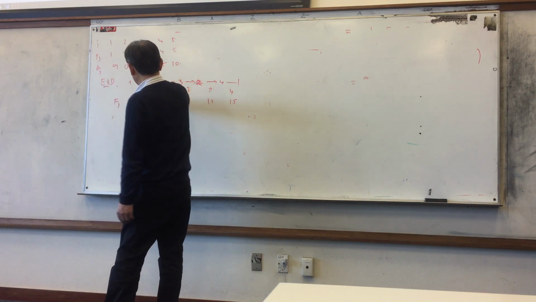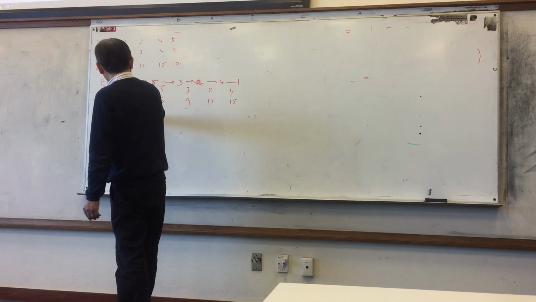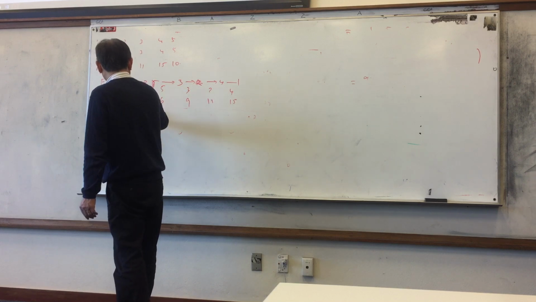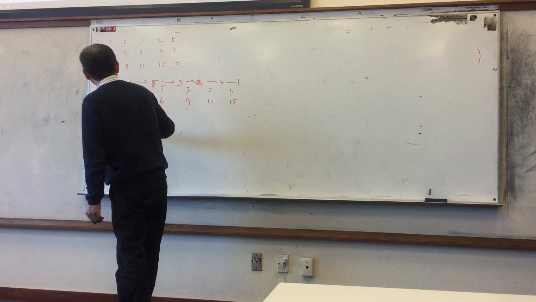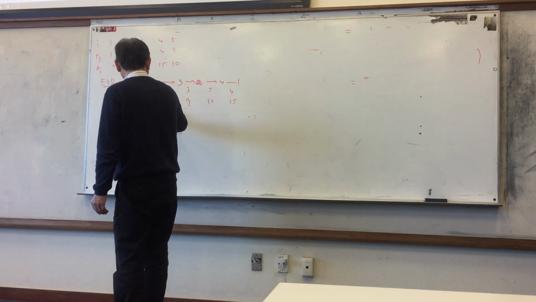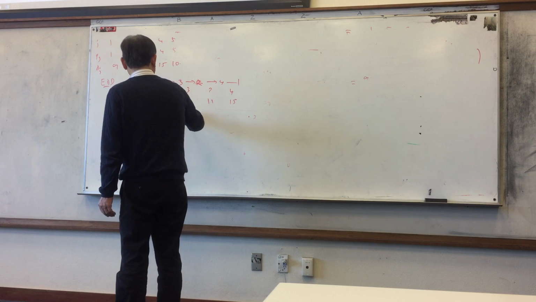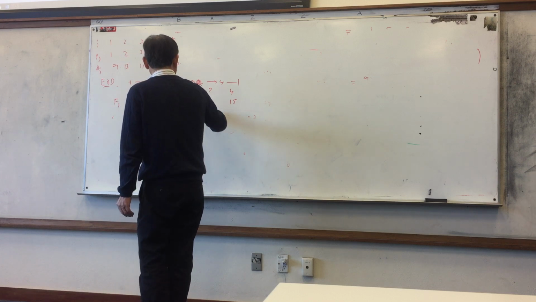If you compare that with the due dates, the due date for the first one is 9, the fifth one is 10, 3 is 11, 2 is 13, and 4 is 15.